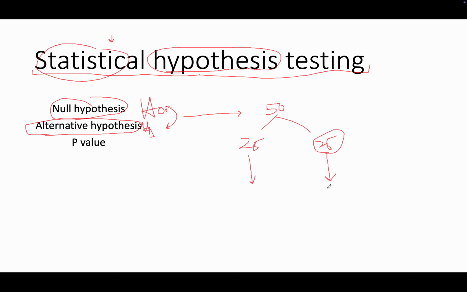So maybe you get 10 of 25 whose headache is relieved by not even taking tea. But here you see that 20 people, their headache was relieved by taking tea. Okay, so now your hypothesis that by taking tea headache is gone is proved, that more people are relieved by taking tea than those who are not taking tea.